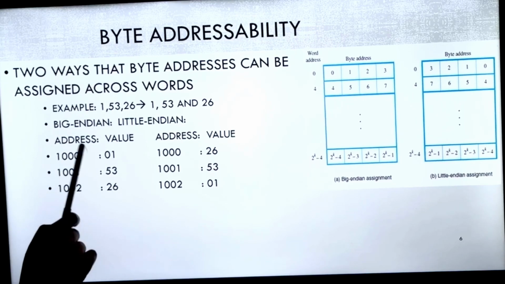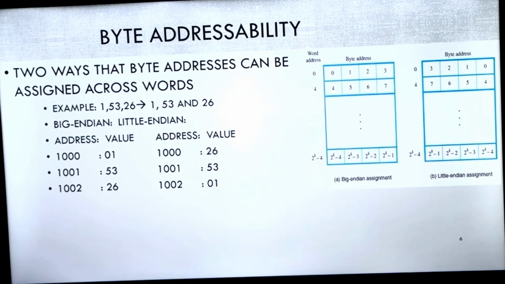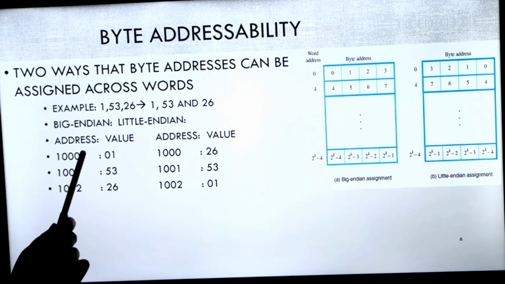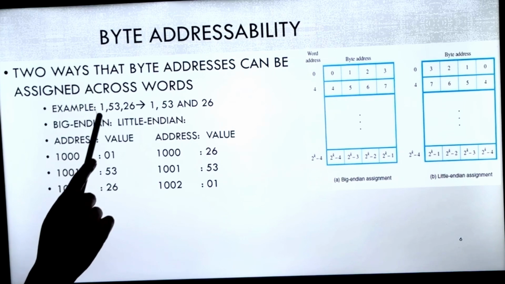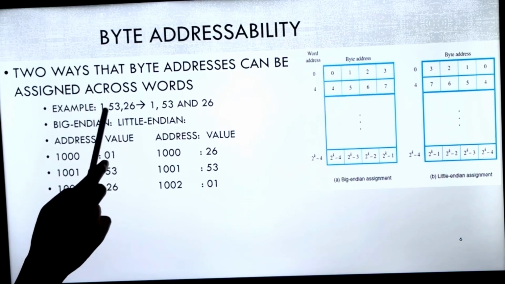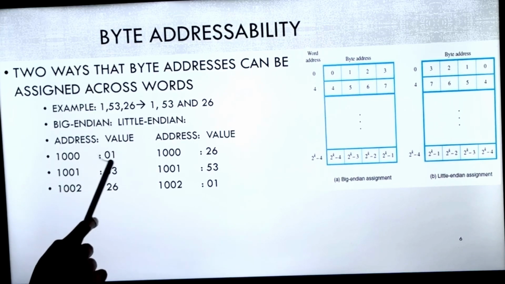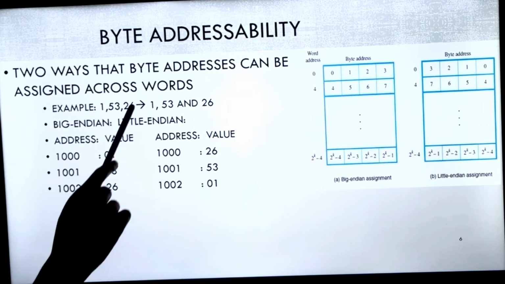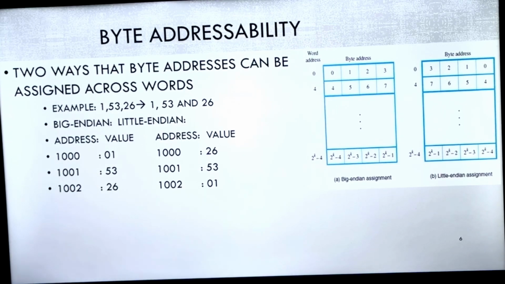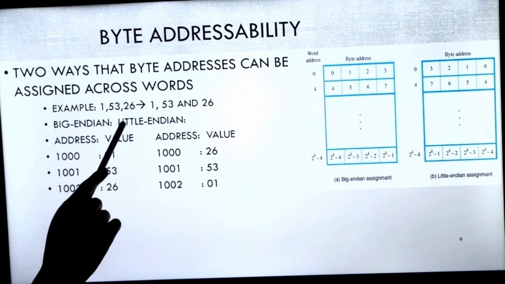And each address can contain one integer number. So what is the smallest address I have here? 1000. What is the leftmost digit, or the first digit I have? 1. So this 1 will be stored in 1000 only. The next number will go to the next address, and the third one will go to the third address. This is how Big-endian works.